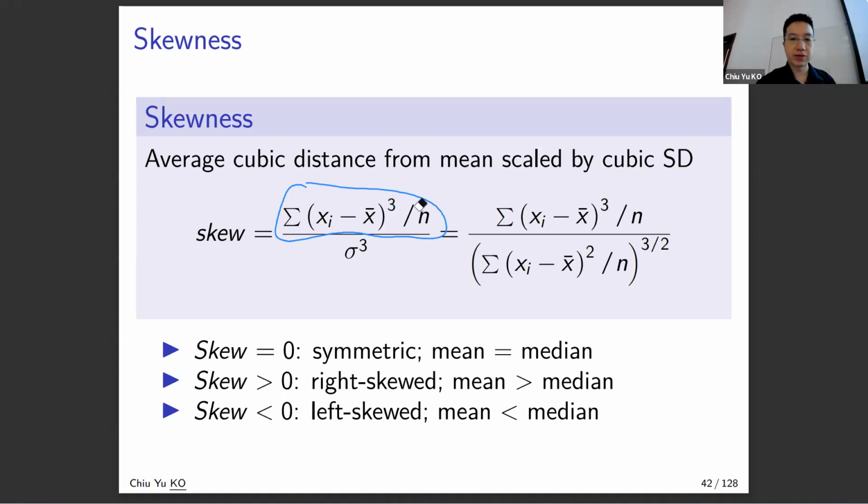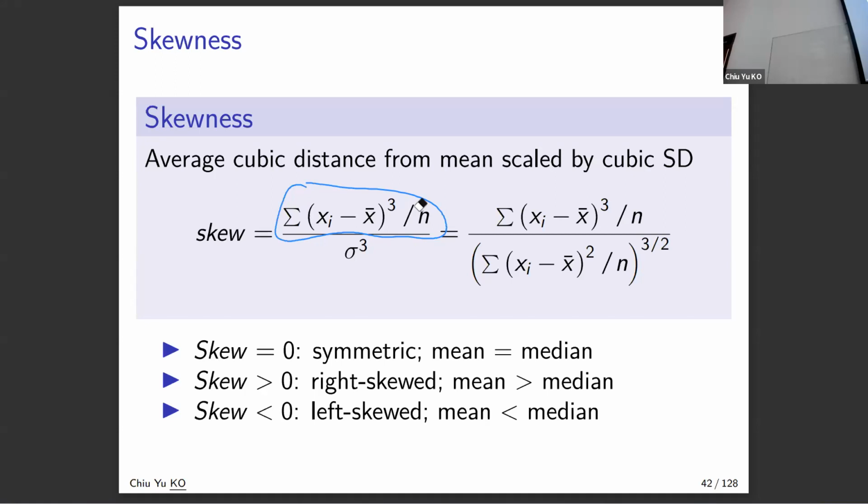If you square, the problem is that everything becomes positive, so it cannot represent that. But if you raise to the power 3, negative remains negative and positive remains positive. And same as square, the further away from the mean, the larger the value.